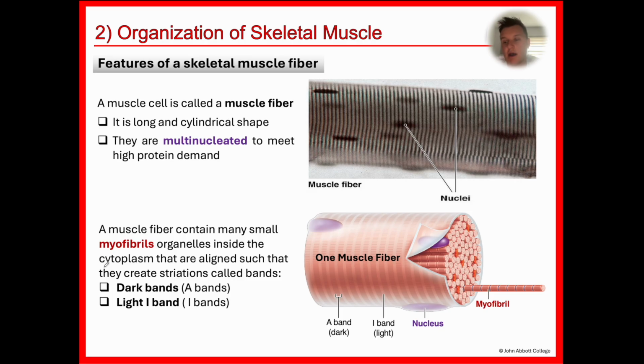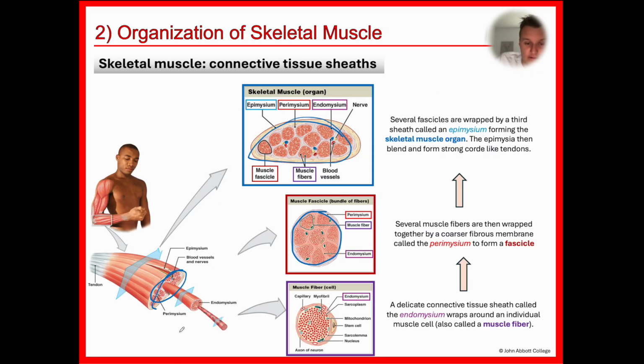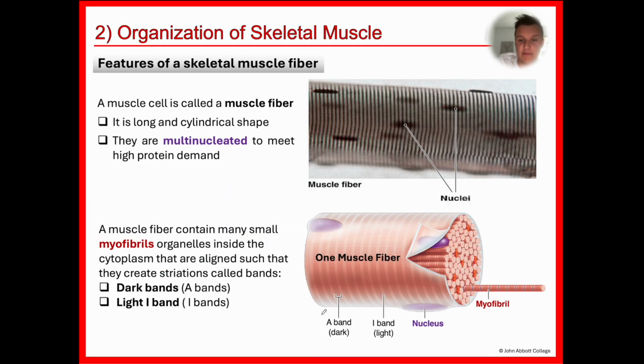Now, some features of skeletal muscle fibers. So if we look at this one muscle fiber here, this is what we're going to see. A muscle fiber is also called a muscle cell, right? This is one cell.